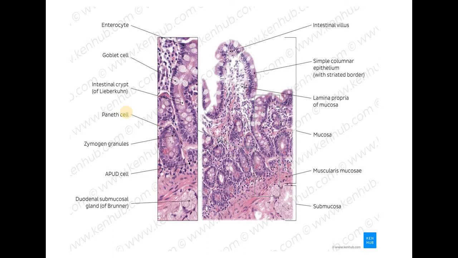As I told you about the submucosa, it is made up of areolar connective tissue and contains a plexus of blood vessels, lymphatics and nerve fibers called Meissner's plexus. In the duodenum, the submucosa contains a large number of glands called Brunner's glands, which secrete alkaline mucus and open into the crypts of Lieberkühn or between them.